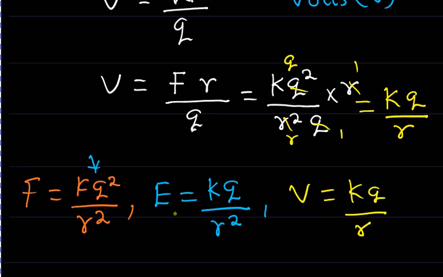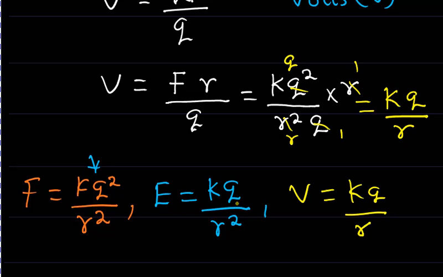So there is a relationship in the way the formula progresses. When you are working on electric force, we have Q squared over R squared.